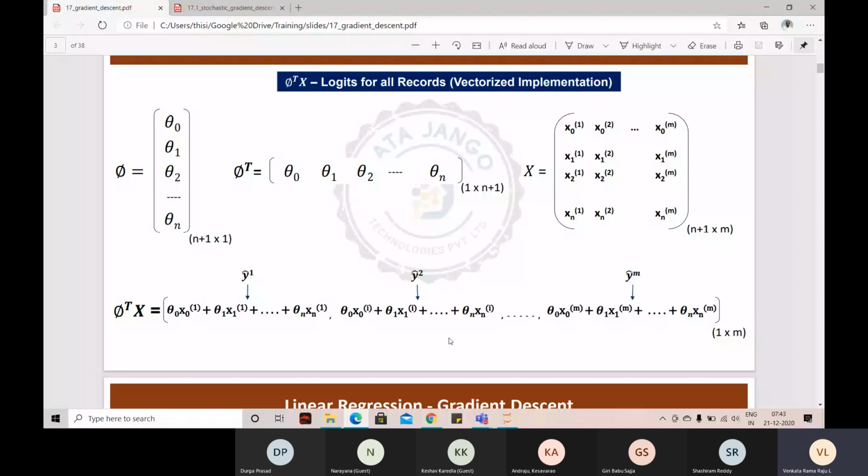So all the rows' linear combinations are called logits, especially when you look into logistic regression and deep learning, we call them logits. In linear regression, they are the predicted values.